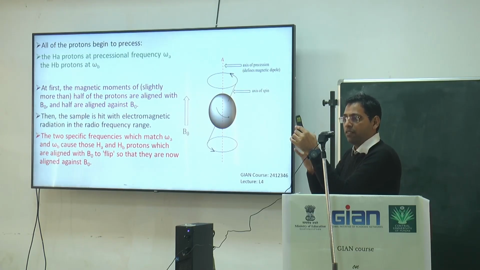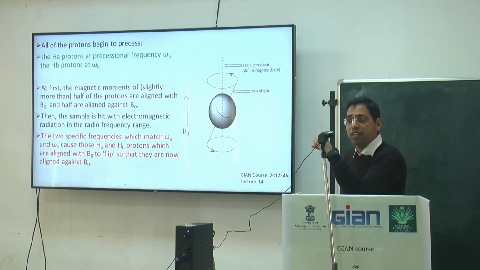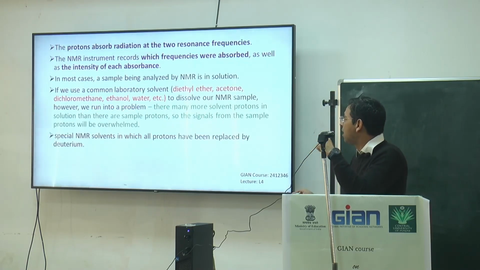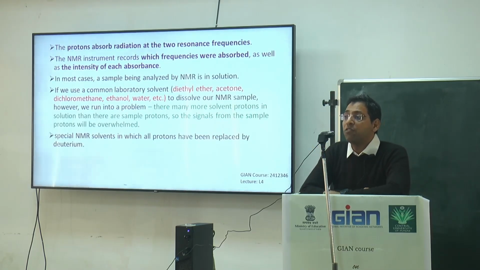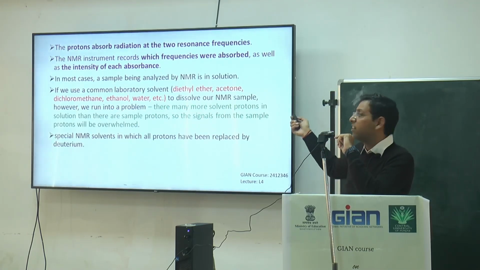This disturbance that we create by supplying the electromagnetic wave is labeled as resonance. We try to capture this resonance by using this method. The protons absorb radiation, and they give two different resonance frequencies, so we are getting two different radiations at two different resonances.